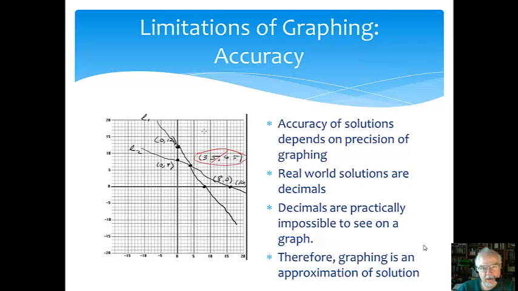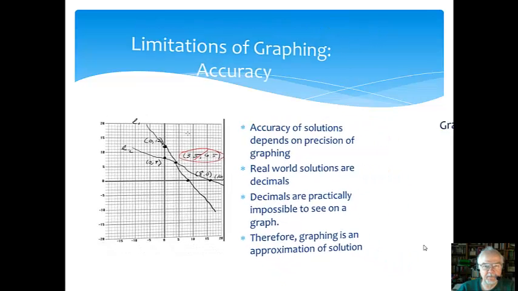So, in a sense, from a practical perspective, 2 by 2 systems of equations can be graphed, and we can find a solution. But basically the solution is an approximation. It may be a very good approximation, and from time to time we might get lucky and get an exact solution, but the chances are pretty slim.